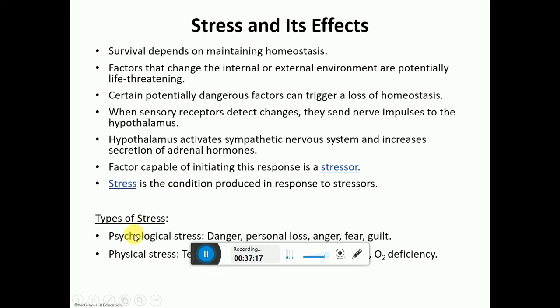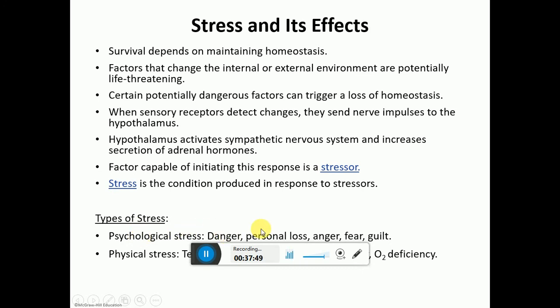Acute stress can lead to an increase of adrenaline, epinephrine and norepinephrine, leading to tachycardia and high blood pressure, while chronic stress releases cortisol from the adrenal cortex, and that can lead to diabetes, hypertension, and other physical conditions.